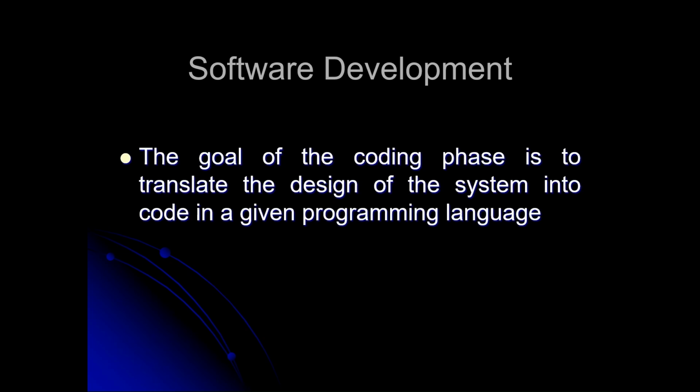Once you're done with your design, the goal of this coding phase is to translate the design of the system into code in a given programming language. So now you have the design, you know what to do, and you know how to do, and now you're transforming this into a computer program.